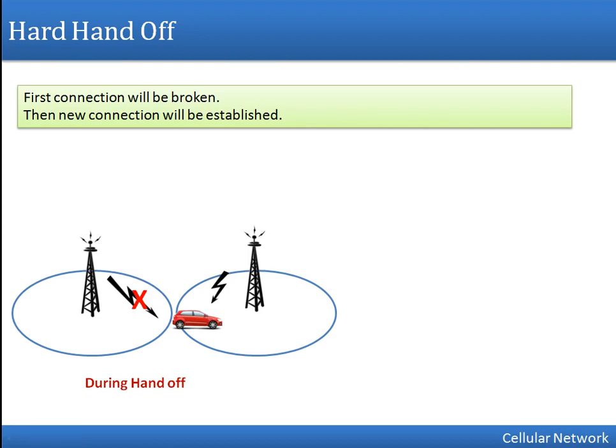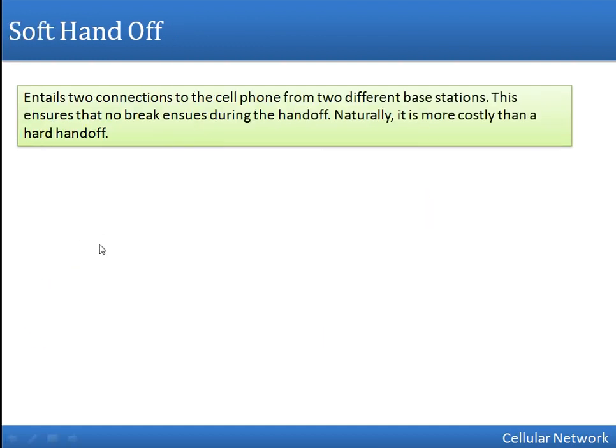You can remember this as break before make. The new base station will start handling his traffic once he is disconnected from the old base station. So this is the hard handoff.